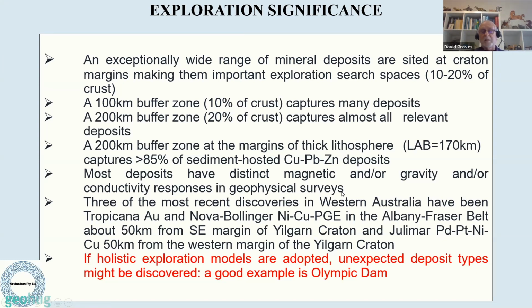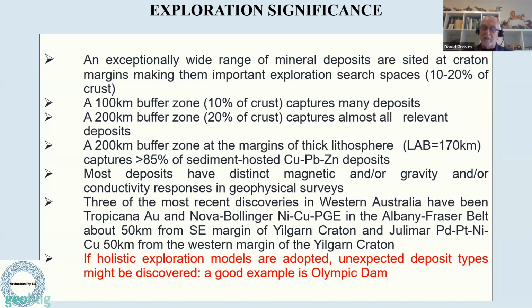And one of the things I think that comes out of this is, if you stop worrying about, I'm going to look at an orogenic gold system, I'm going to look at an MVT system and so on, and you start looking at a more holistic approach, looking at geodynamic environments where there will be preservation, you might find something unexpected.